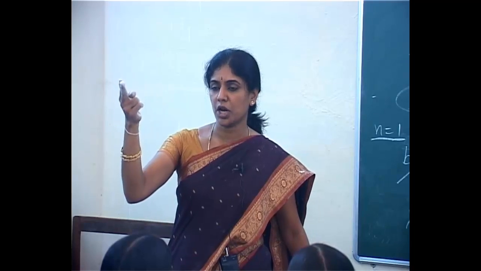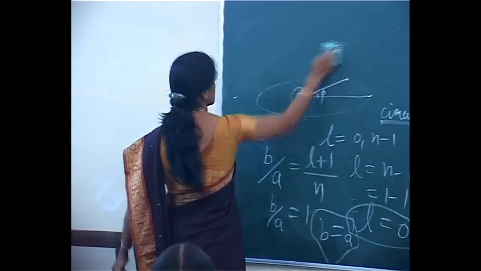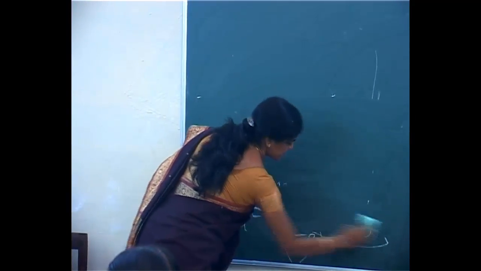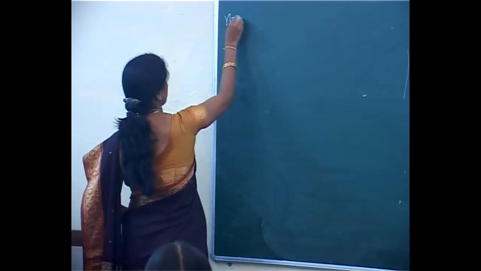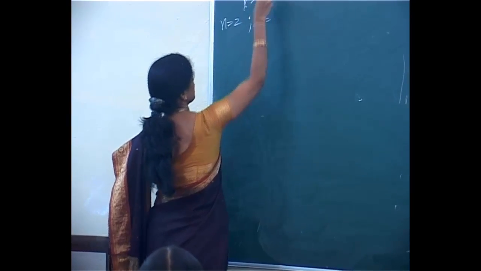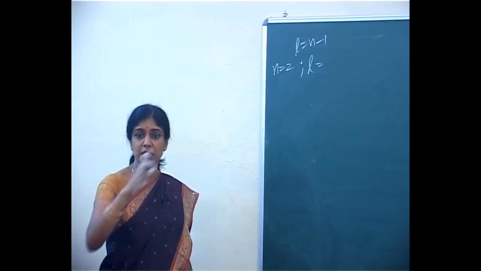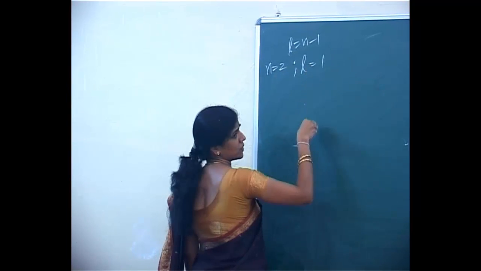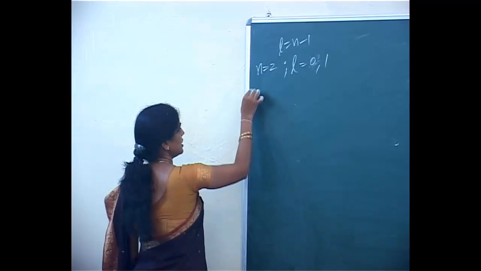When n equal to 2, how many values can L take? L can take values from 0 to n minus 1, so 2 minus 1 is 1. How many values can it take? 0 and 1. So I can have two different values.